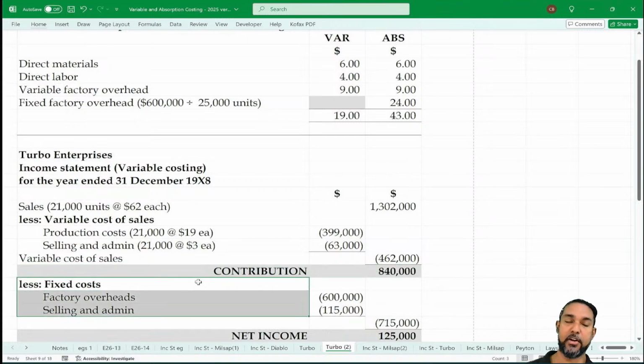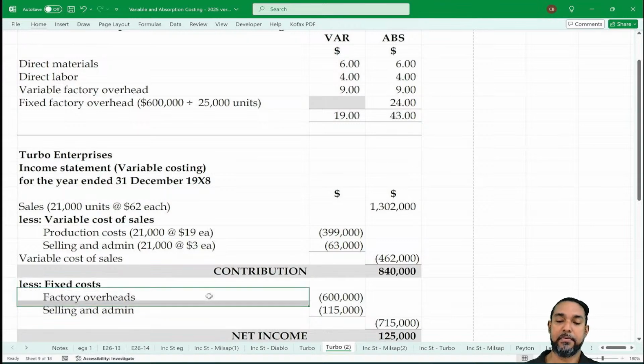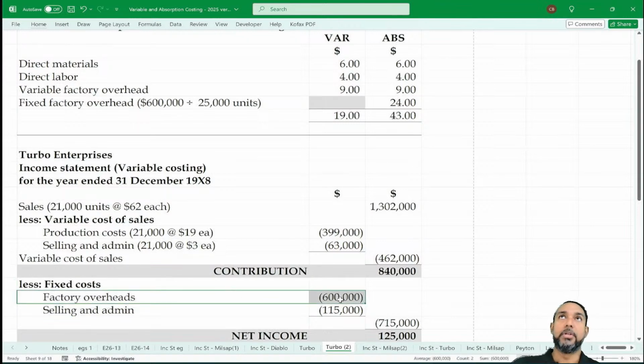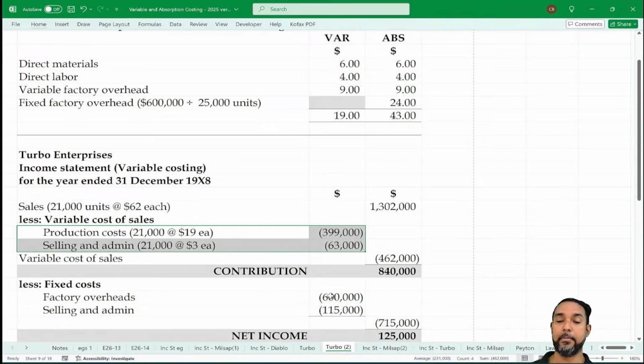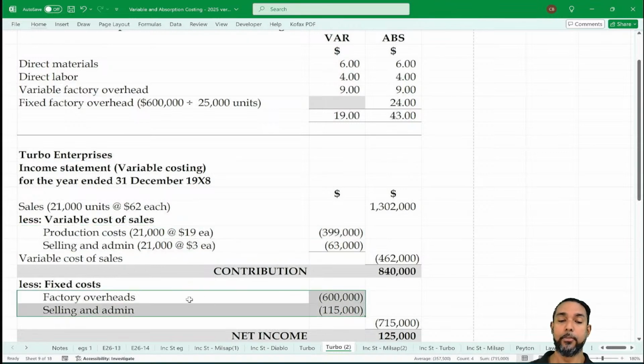Under variable costing, we treat fixed costs as period costs that are incurred in the period. So even though these are factory overheads and production costs, we don't treat them as manufacturing costs in the income statement. We don't include them as part of the cost of goods sold. We subtract them in total, both the fixed factory overheads and the fixed selling and admin.